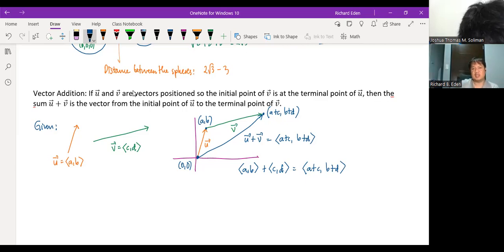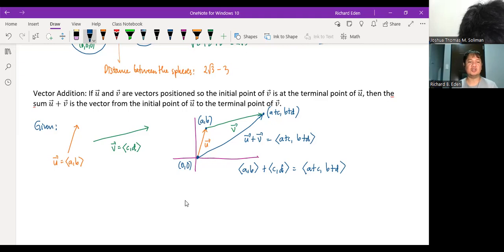But at the same time, we get this interpretation: if you think of a point that's traveling in the direction of U, and then it continues its travel in the direction of V, then when you take note of where it really started and where it eventually landed, and connect them by a vector, that's the sum of the two vectors U and V. So when you add two vectors, basically we're thinking of where these two vectors bring us, given their magnitudes and also taking into account their directions.